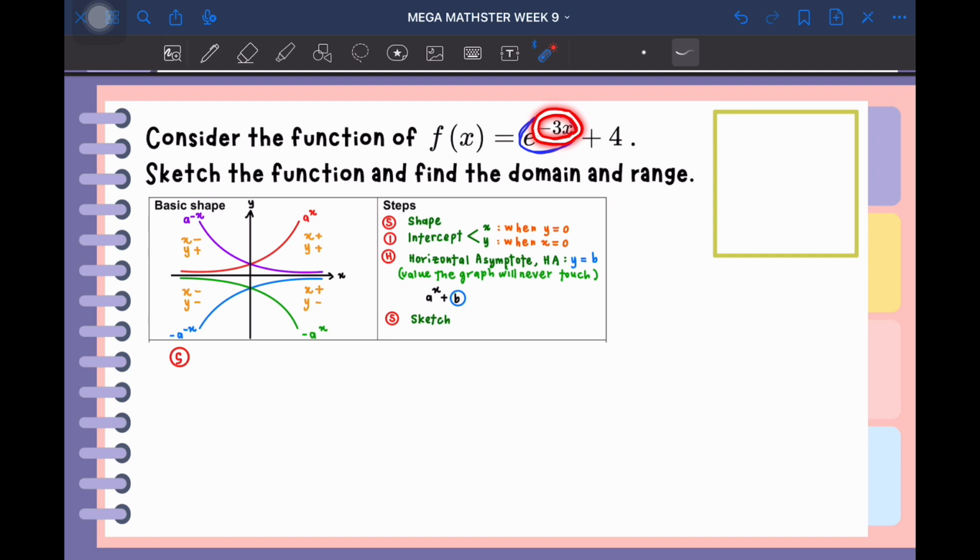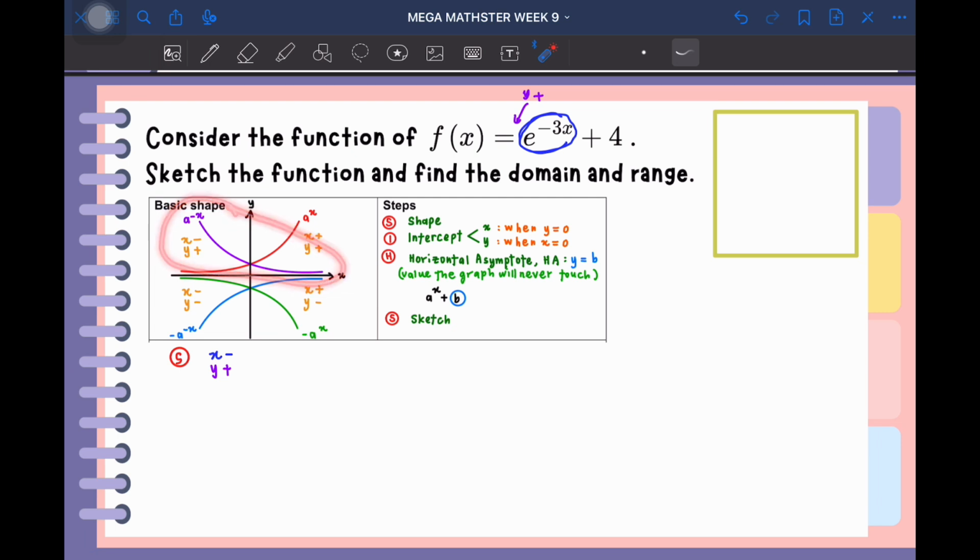So means that kita punya sign for x is going to be negative. So we have x negative. Okay, and then for the y sign, kita akan tengok the one in front, the exponential function. So in front over here, we have positive sign. So means that kita punya y positive. So we have x negative and y positive, meaning that it will follow this shape over here.